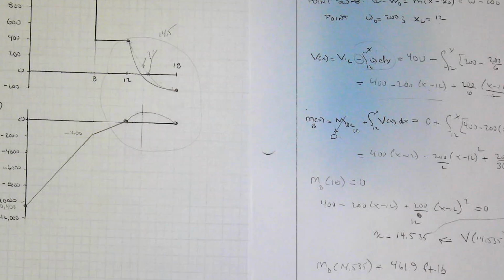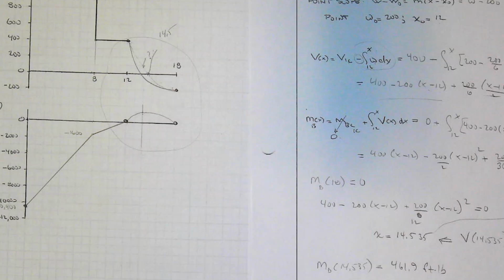So we have an equation for omega. Now we just need to move this to the other side, so we'll just jump up a tad. And let's make this picture bigger, easier for you to follow. There. So if I raise this up, we have the distributed load is 200 minus 200 over 6, x minus 12.